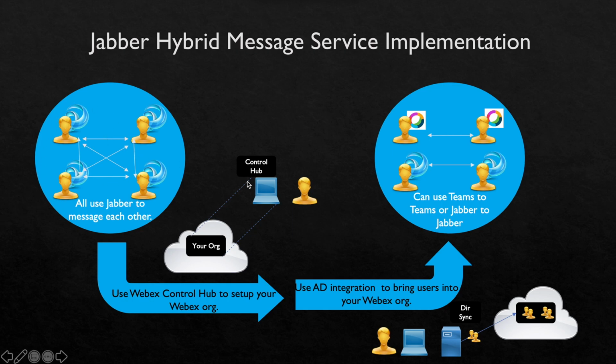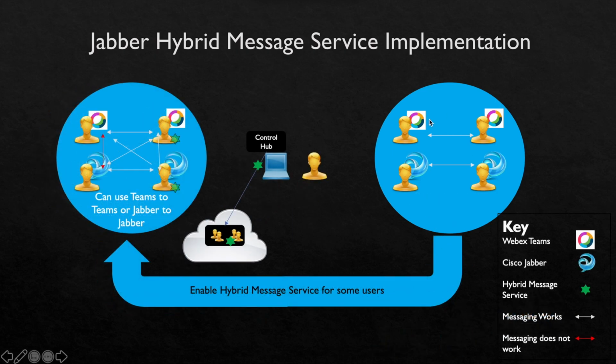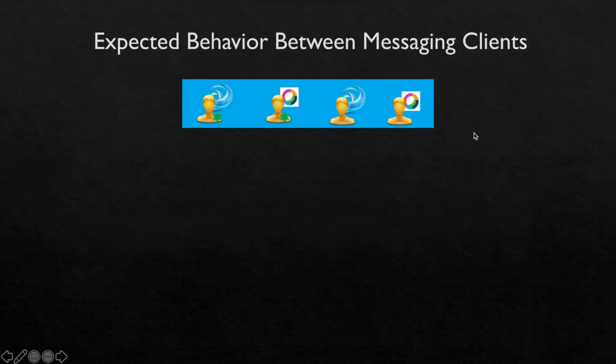Then we set up Webex Control Hub. Now we have Jabber users and Webex Teams users. So Webex Teams can message Webex Teams, Jabber can message Jabber, and that's it. Same thing we have on the other side.